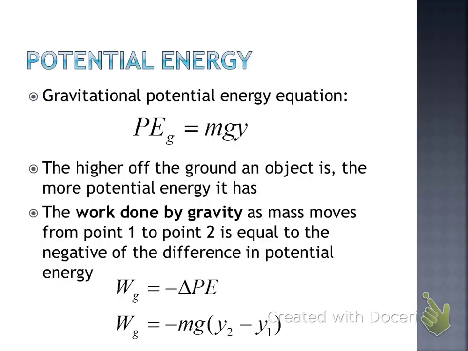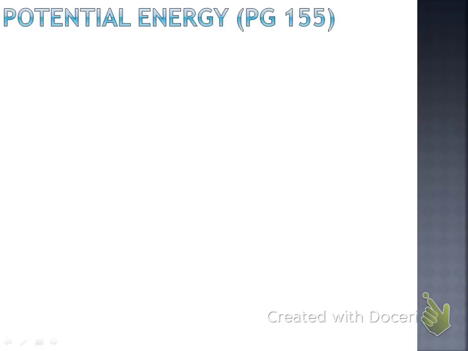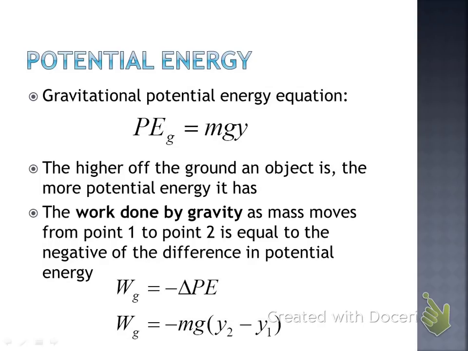This equation is used much, much less often. I wouldn't even bother putting it on your equation sheet. You could think about putting this one on: work is still equal to change in potential energy. I don't need you to go into the change in potential gravitational energy, but this right here, I would go ahead and put on your equation sheet.